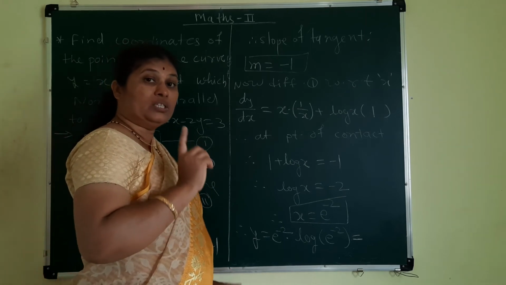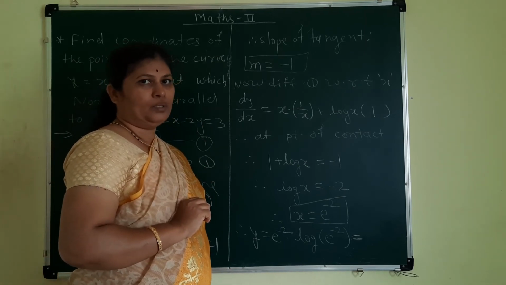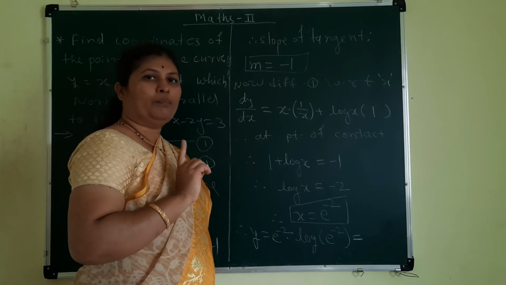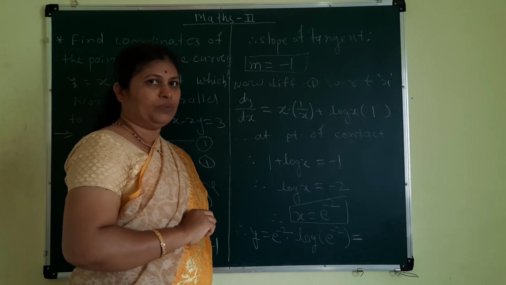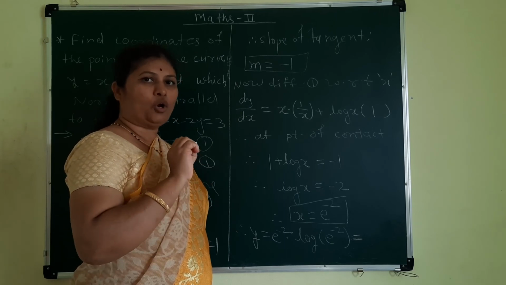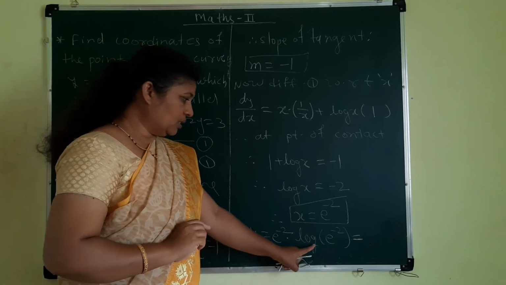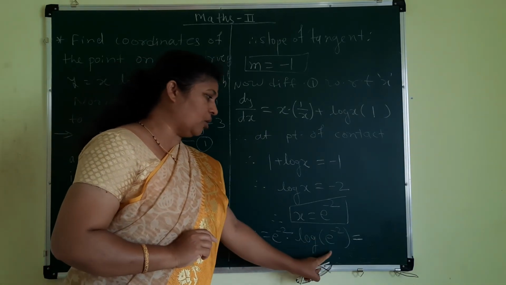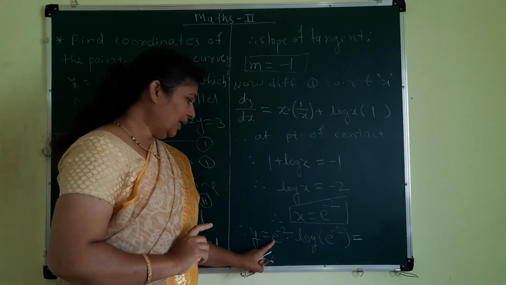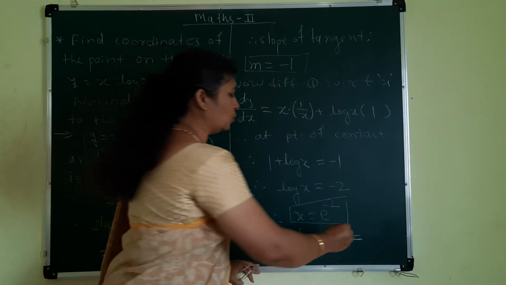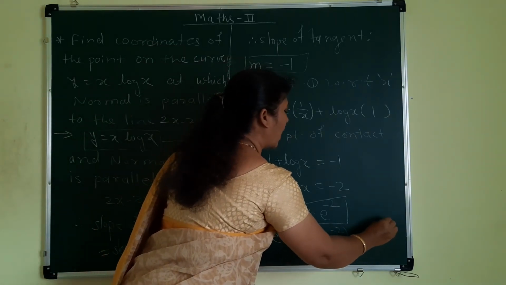Remember, in physics you are taking the base for the logarithm as 10 to find the log from your log tables. But here our base for logarithm is e. So this will be minus 2 times log of e, and log of e is equal to 1. So minus 2 into e raised to minus 2. This is your value of y.